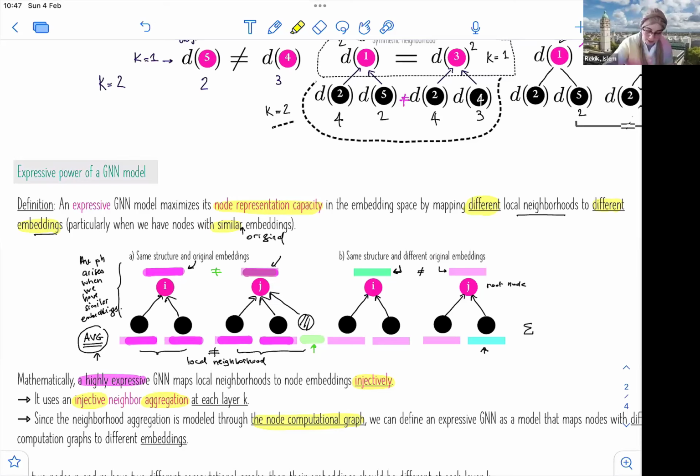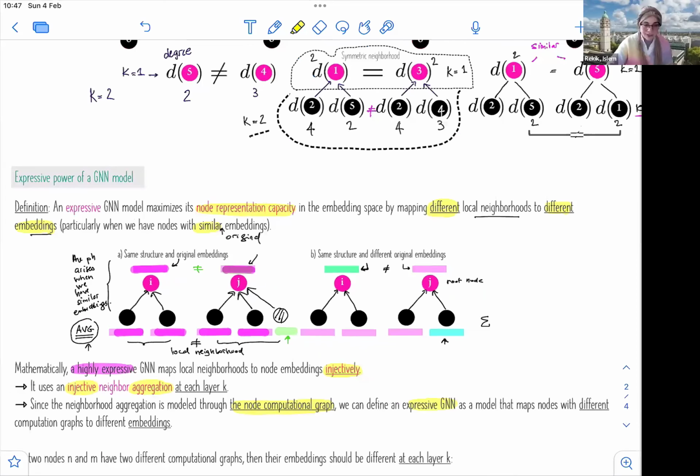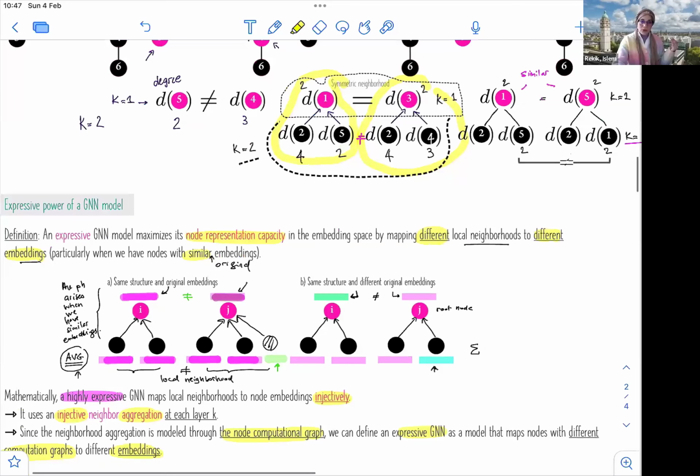So we can easily define an expressive GNN as a model that maps nodes with different computation graphs to different embeddings. So now we started looking at computation graphs and seeing whether, if they are different, they will allow us to map the node embeddings to completely different embeddings, even if the original features are identical.